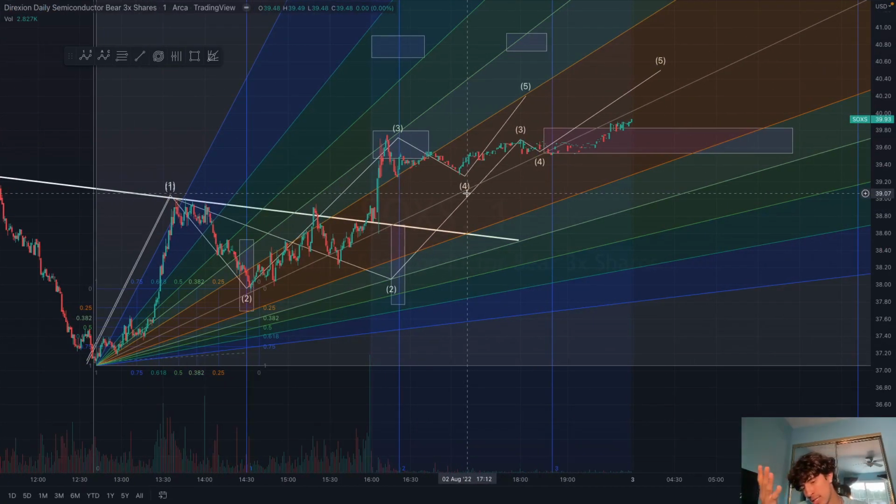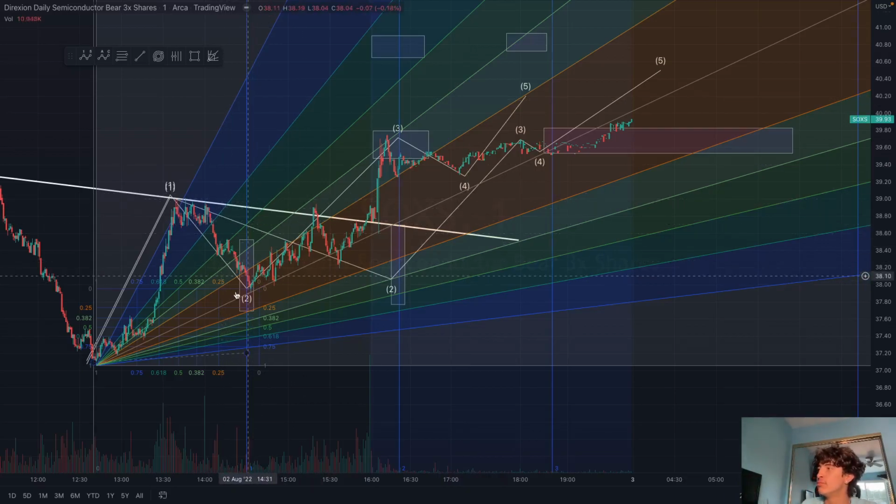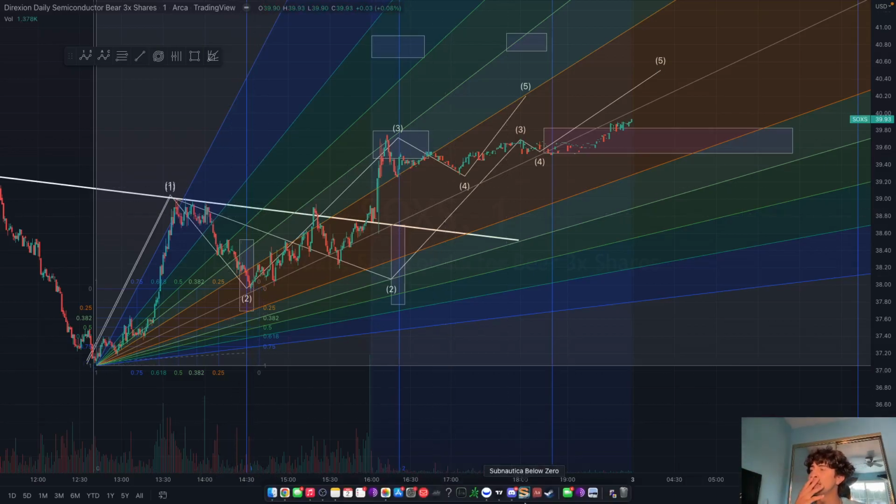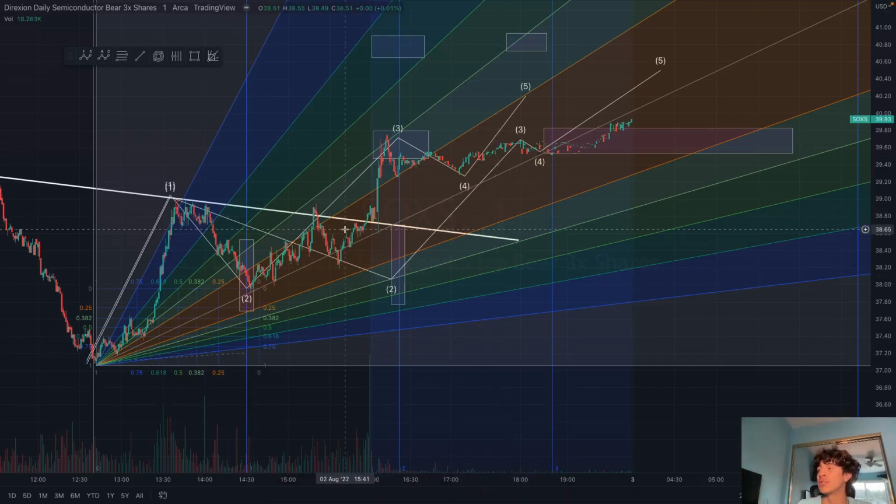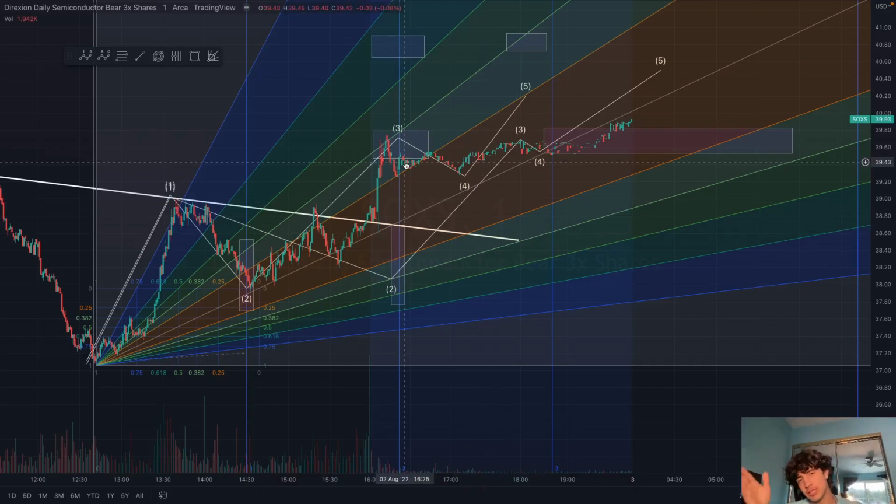You followed it perfectly, literally perfectly. What did you do? You went into this pulse zone. You retraced this first move. You held up on the required speed level. I guess you were above 45 degrees. What did you do? You went to the target, right on time. It works. I'm telling you.